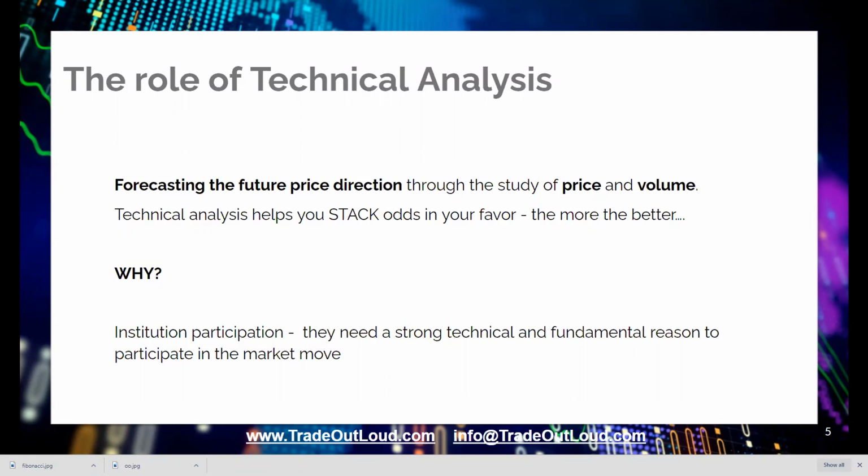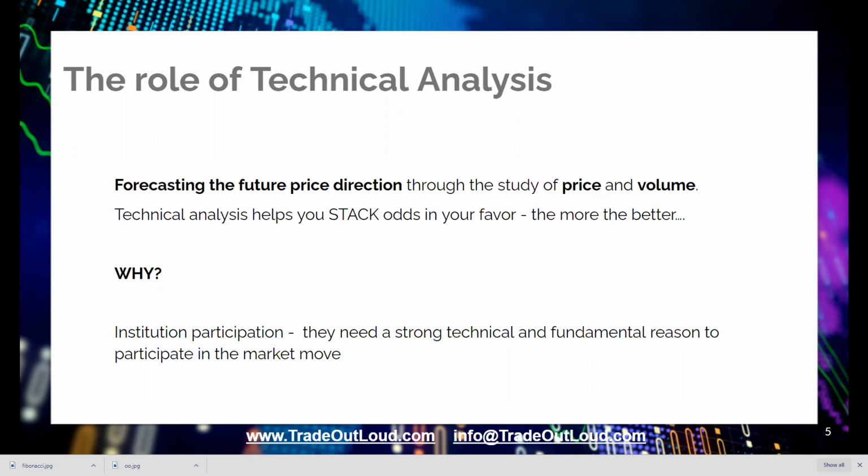So technical analysis basically is the art of forecasting the future price direction through the study of price and volume. Technical analysis helps you stack the odds in your favor. The more odds, the better, because those are creating your confluence areas that represent triggers for algorithms, for institutional traders, etc. So why do we need technical analysis?